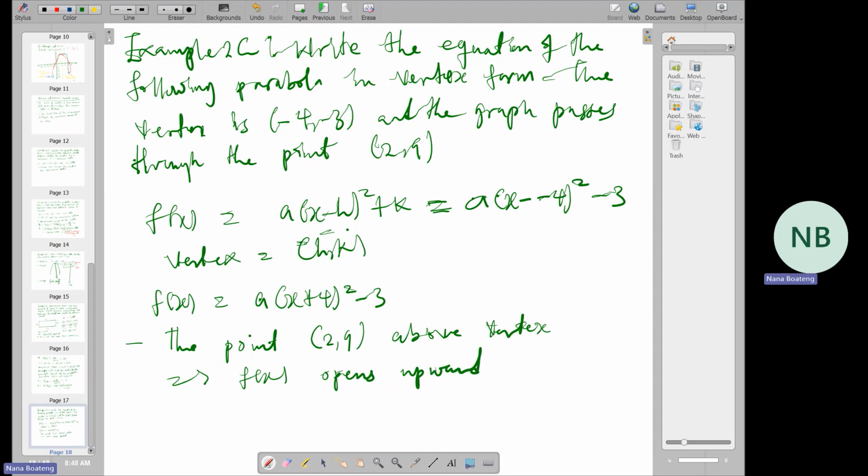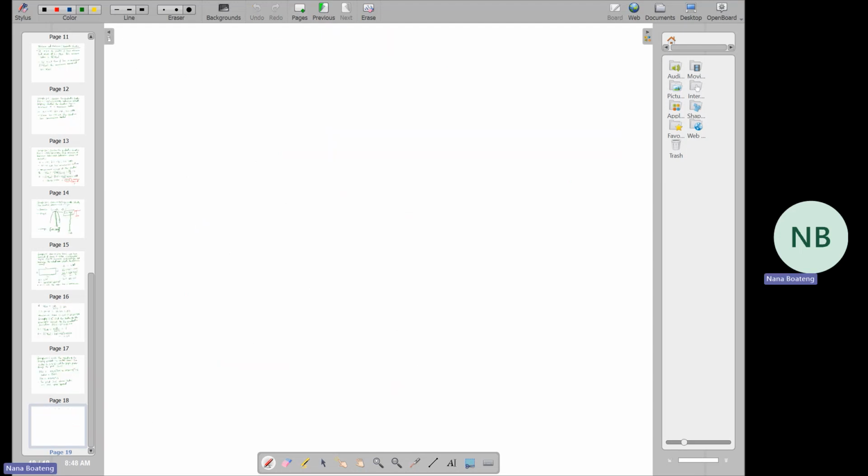All right, so to find a, we can set the y value equal to 9 and the x value equal to 2.